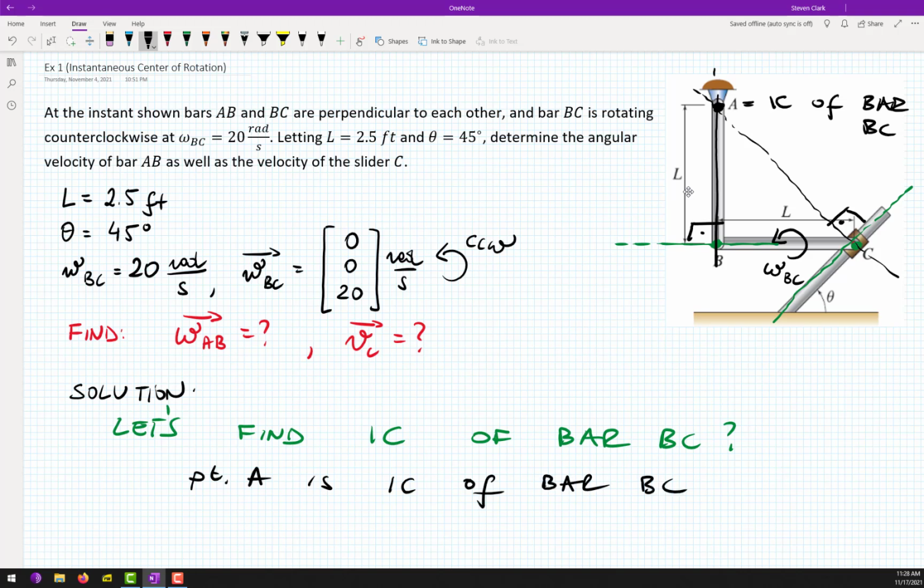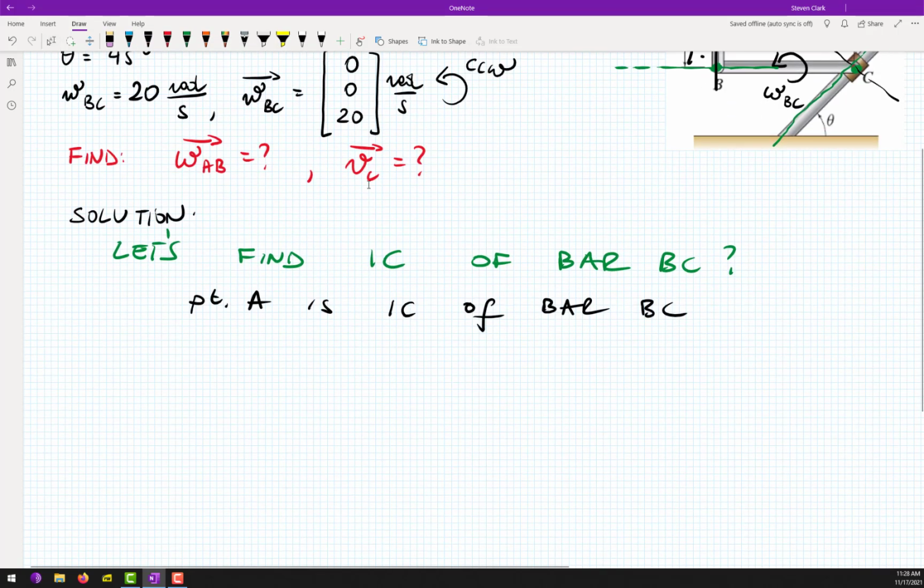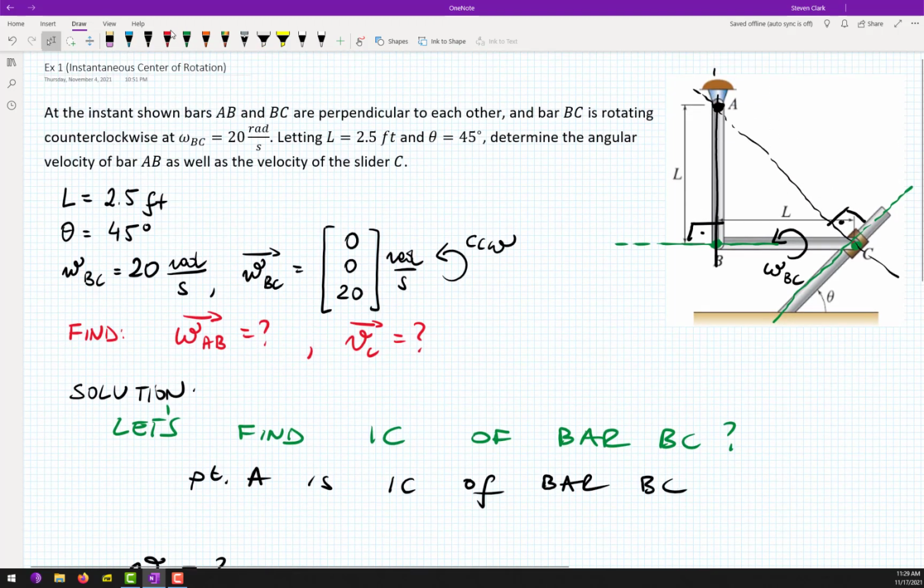Now that we know where our IC is, let's find VC. VC will be omega of bar BC times some distance.